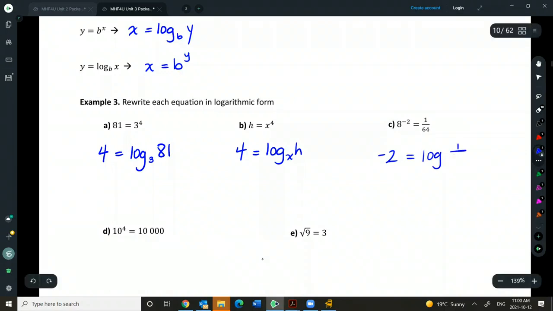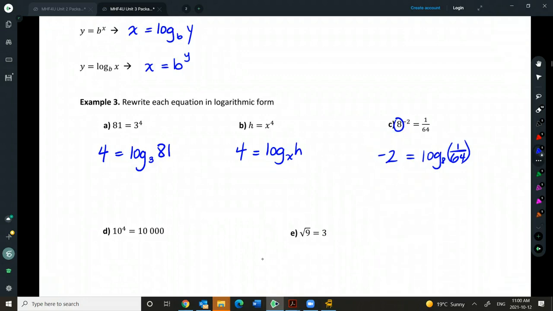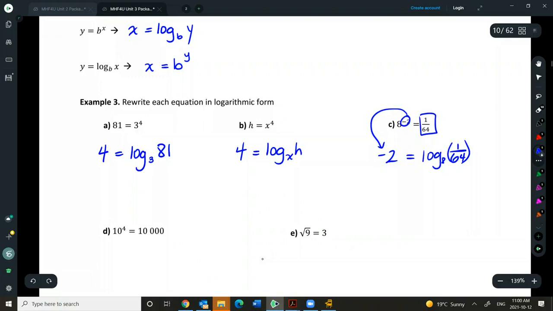And then I need the subscript. Okay, so log base 8 of 64. Whatever the base is here becomes the new base of your logarithm, right? Whatever the exponent is, that becomes the answer to the logarithm. And the answer of your exponential expression always becomes what we're taking the log of inside the logarithm there. Okay, so log base 8 of 64. Basically, we're saying 8 to the exponent of 2 should equal 1 over 64.